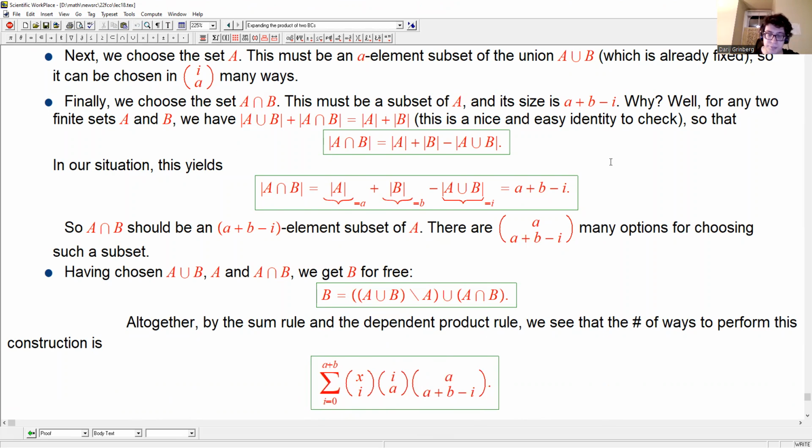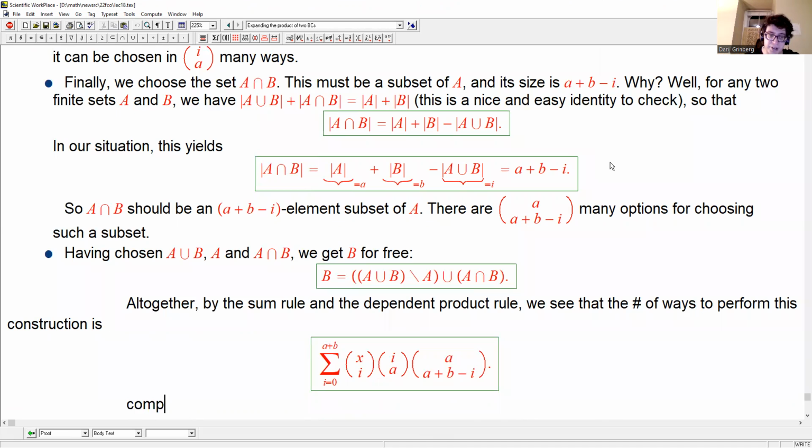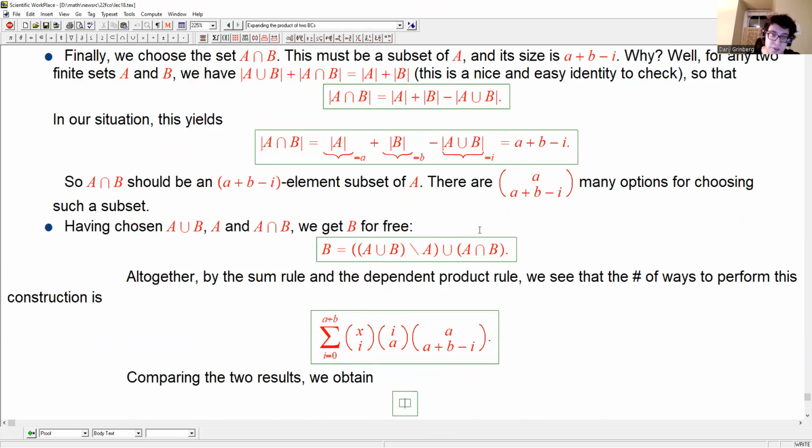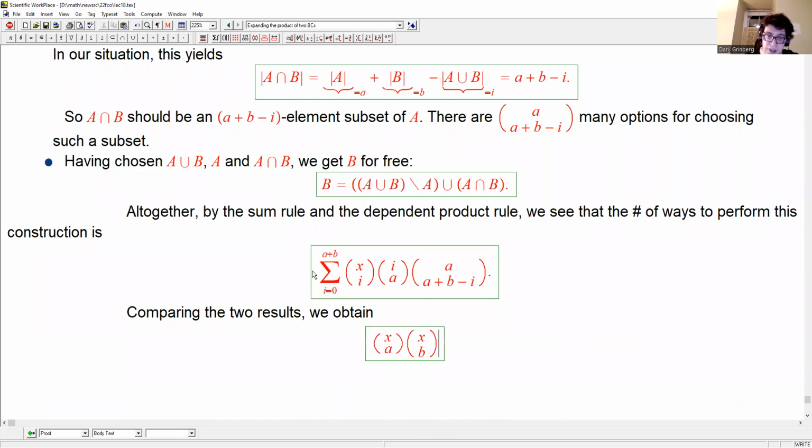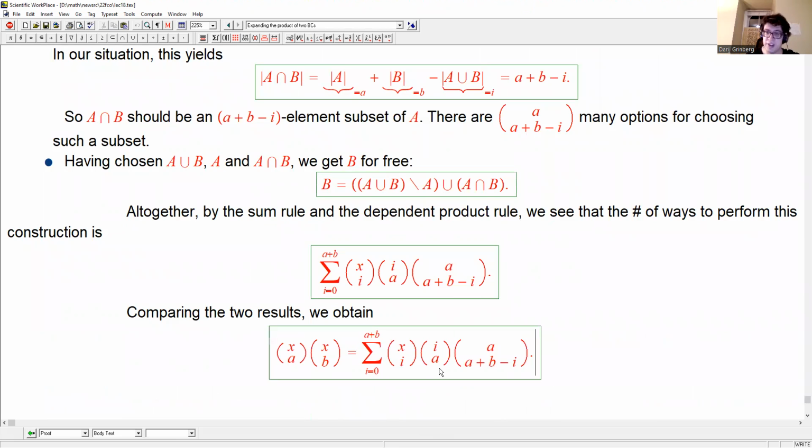And so, comparing the two results, we obtain x choose a times x choose b equals the sum. And as I said, the identity is proved not just for non-negative integers, but also for all real numbers by the polynomial identity trick.